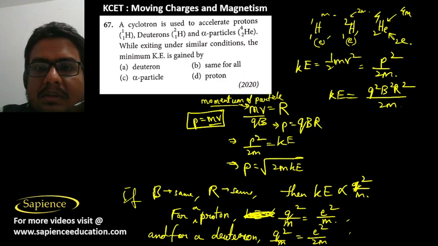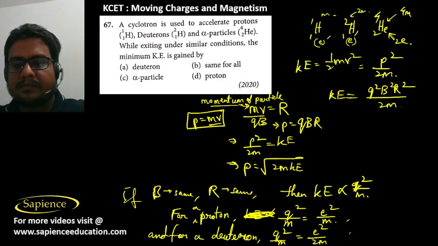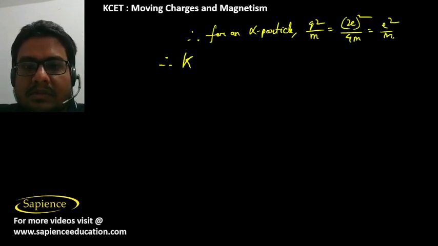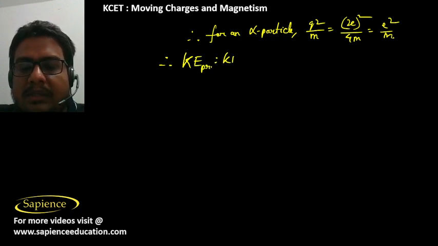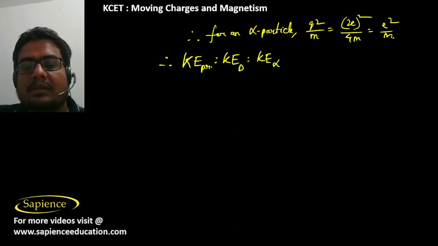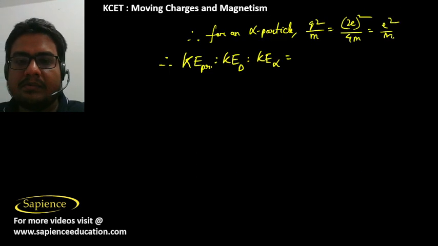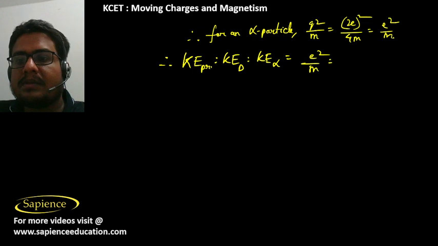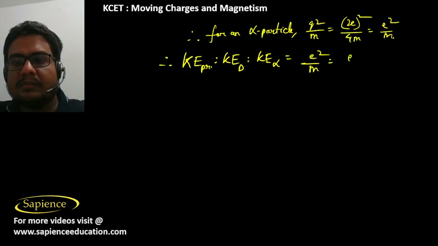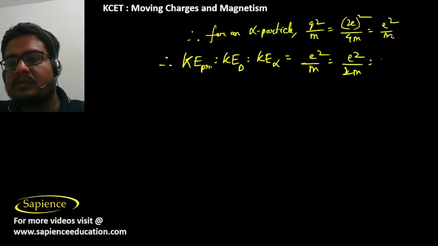So the ratio of kinetic energy of proton to deuteron to alpha particle is equal to the ratio of their q square by m values, which is e square by m is to e square by 2m is to e square by m.